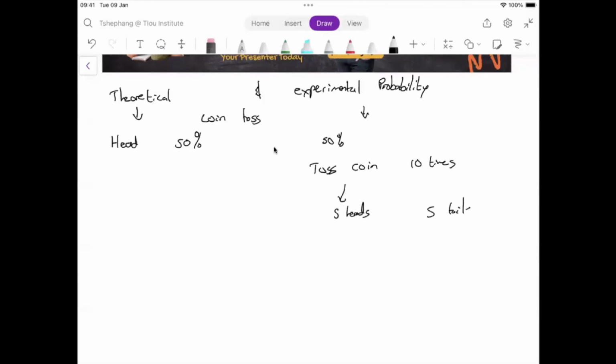For you to be able to get that number to approach 50%, you need to toss the coin a number of times. And that is experimental probability. Just so that you know the difference between the two.